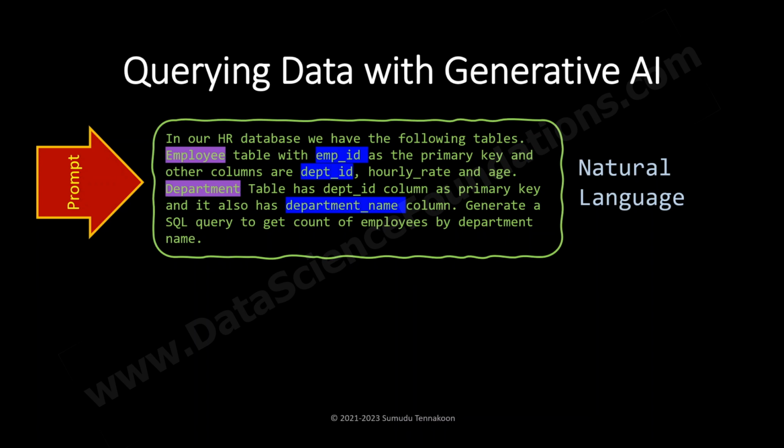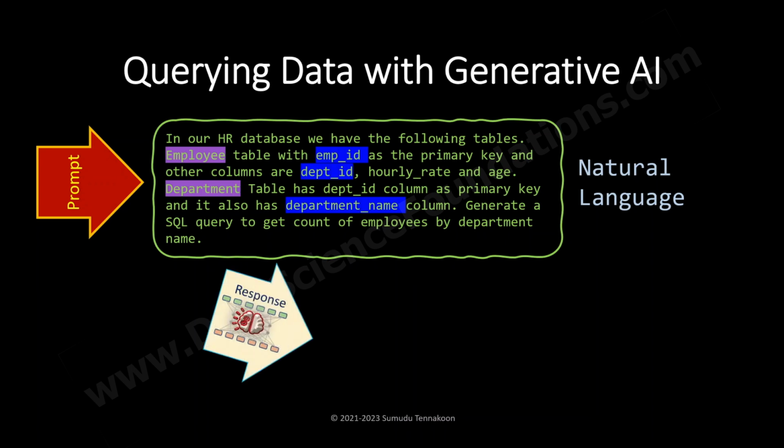You can describe it the way you would describe it to another human being, without any programming context. By providing this natural language description, the generative AI model should be able to generate computer code. You can ask it to generate a SQL code. This is the actual description I provided to a generative AI model, and I will show you the answer I got as well.